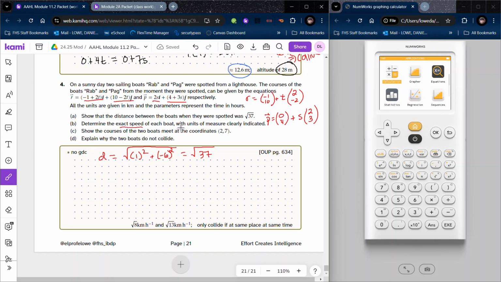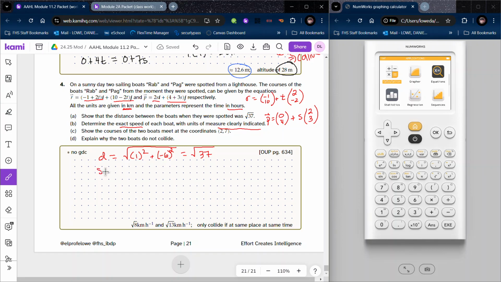Determine the exact speed of each boat with units of measure clearly indicated. So our exact speed is going to be based on the change in position over time. And notice that we're told we're working in kilometers per hour.